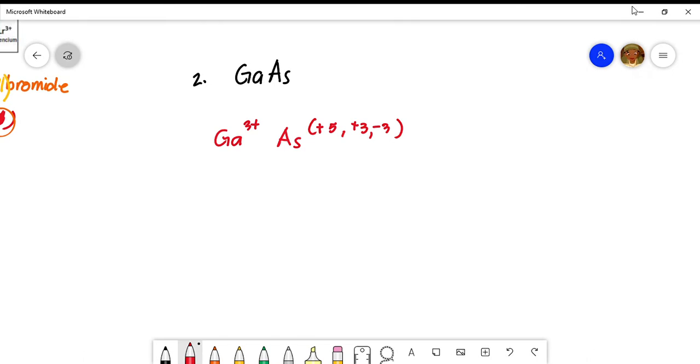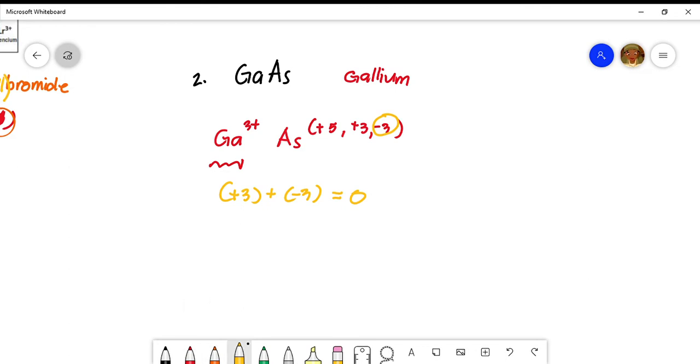So this is fixed. The gallium is our cation, so we name this first, gallium, and we know that we want negative 3 for it to be positive 3 plus negative 3 equals 0, or 0 net charge.